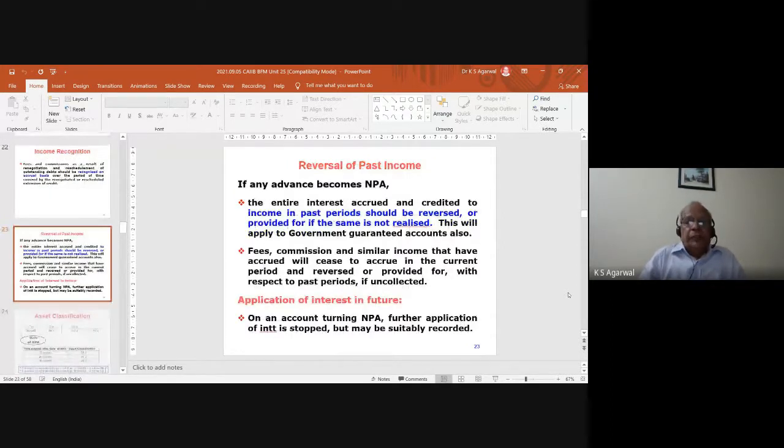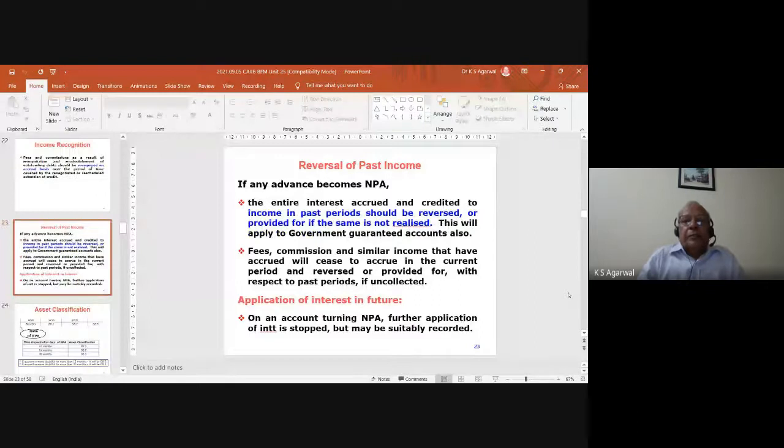Another thing which we have to do when an account becomes NPA is that the entire interest accrued and credited to income in past periods should be reversed or provided for if the same is not realized. This is known as de-recognized income. We are well conversant with the concept of de-recognized income. Suppose an account becomes NPA today, 5th September 2021.